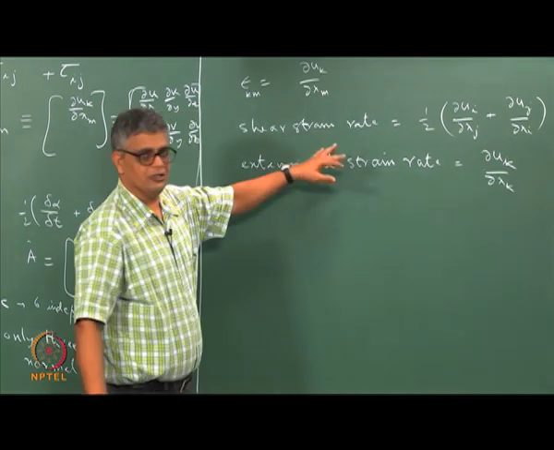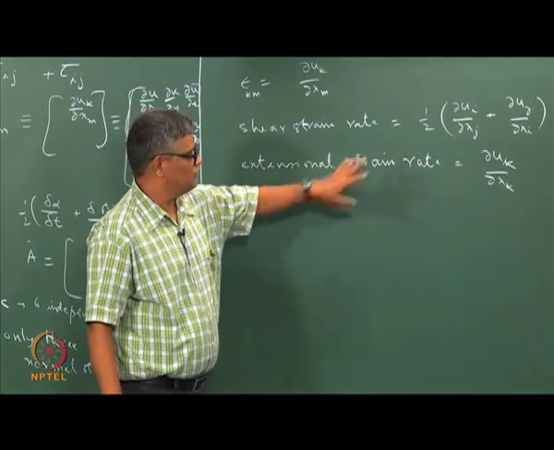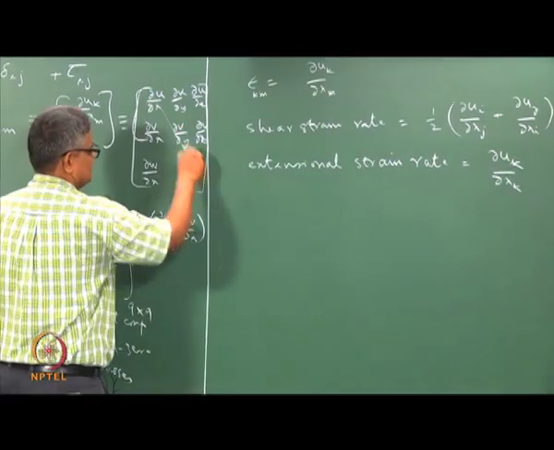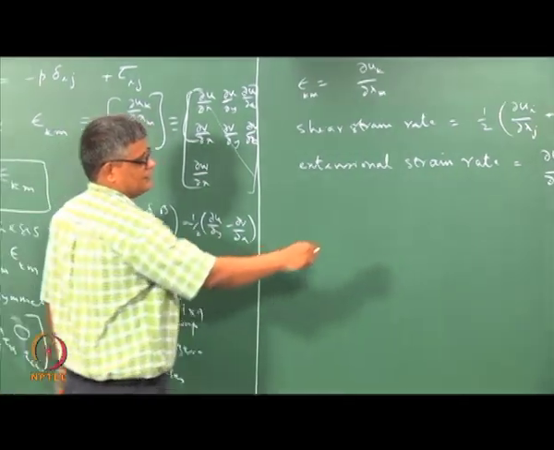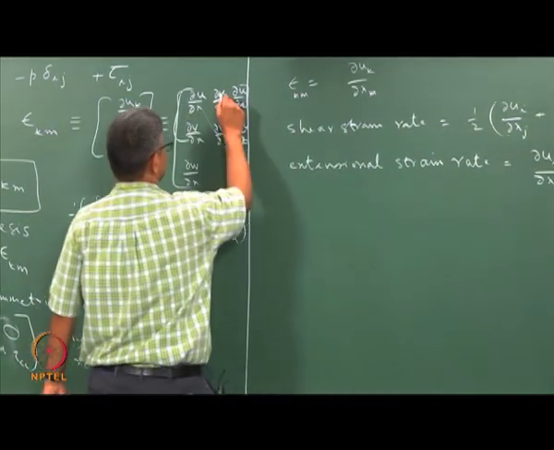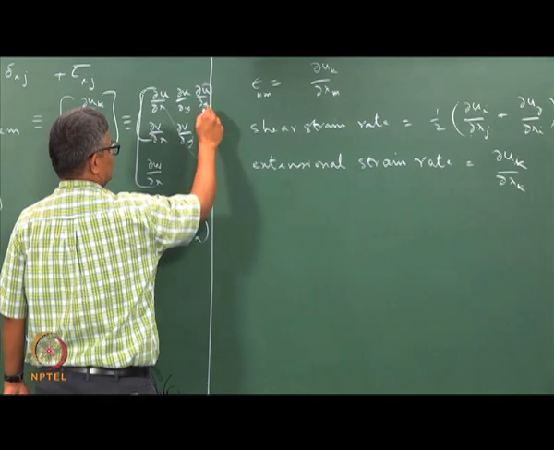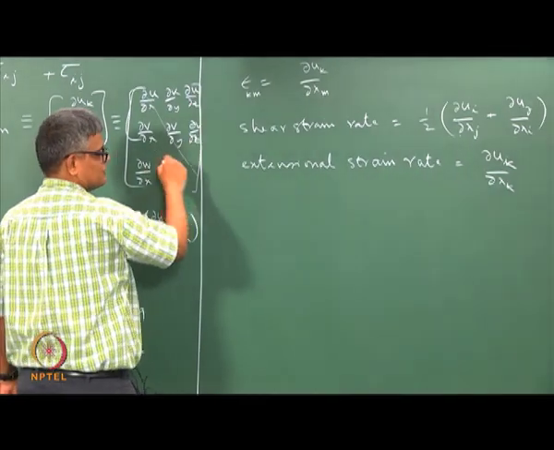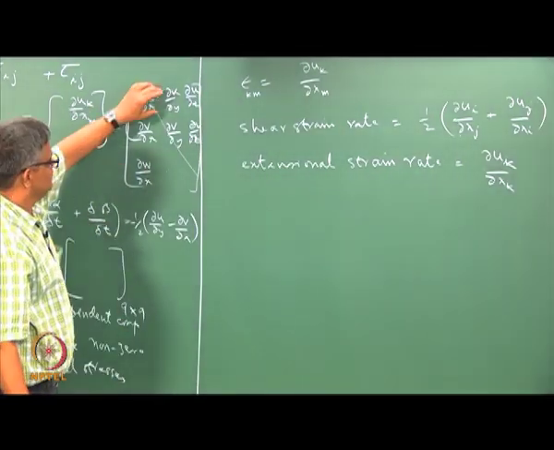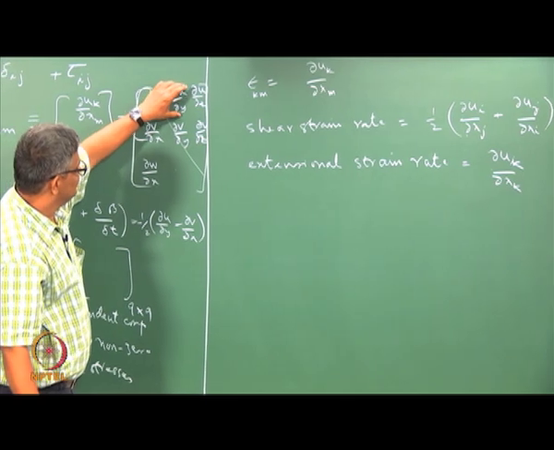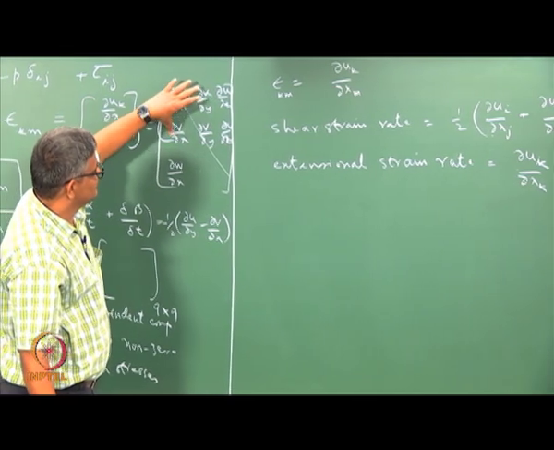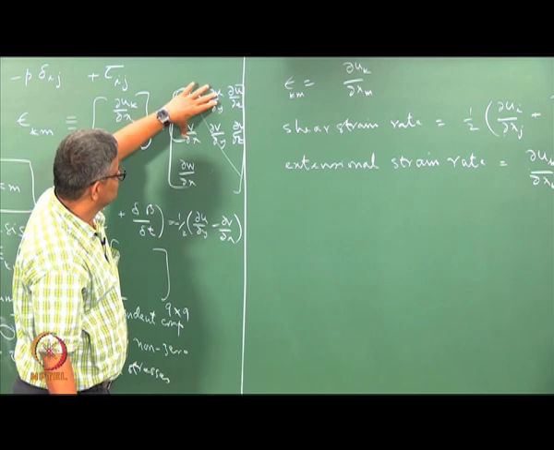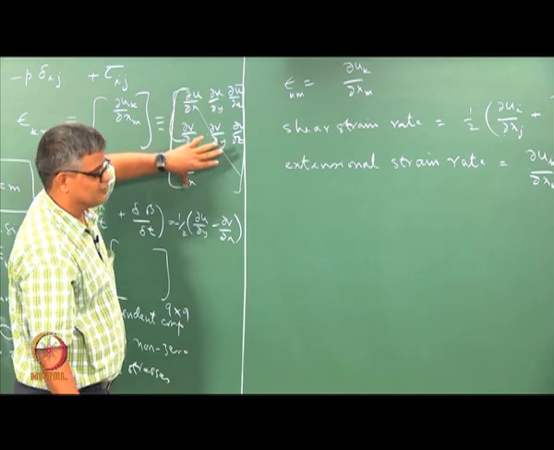So that is dou u by dou x, dou v by dou y, dou w by dou z, and those are these components here. And shear strain rate has this plus this going together, and this plus this going together, and this plus this going together. So the same component, it's a summation of these two and summation of these two and summation of these two.